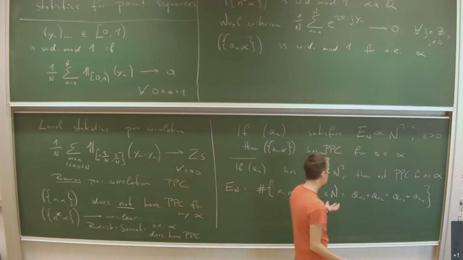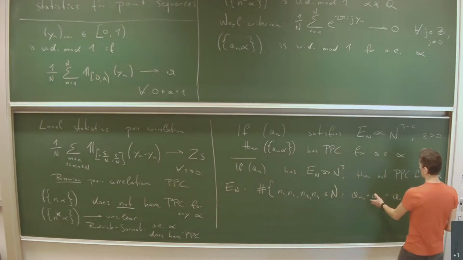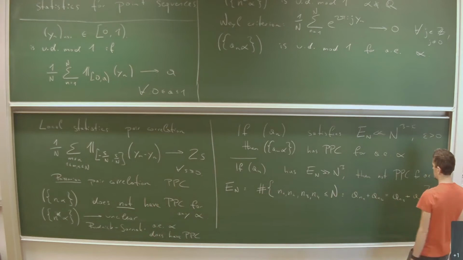So in a way, this counts the number of representations of some integer as a sum of two elements of your sequence.